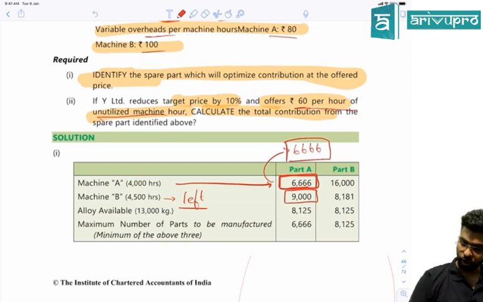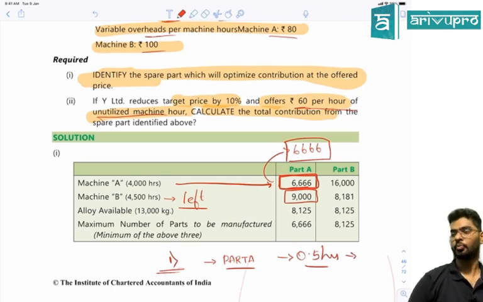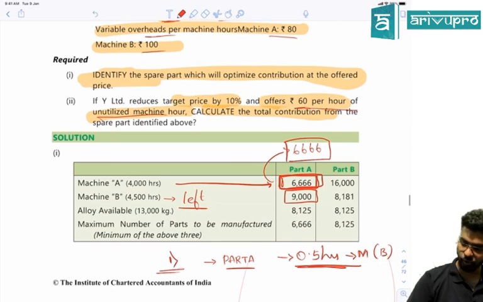Now, to produce one unit of part A, you require 0.5 hours of machine B. You are producing how many units? You are producing 6666 units.